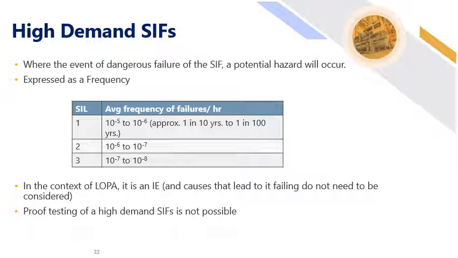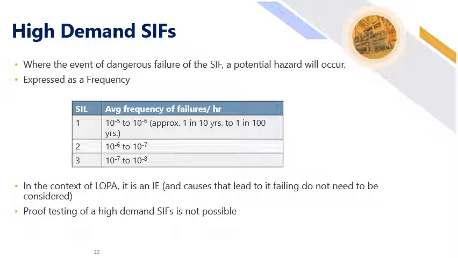So that's either because excursions from the safe operation of the plant are going to happen less than once a year, or we have other controls in place before the SIF is activated. However, there are some scenarios that we might consider that have a higher demand rate than that, so more than once a year. And the third type is to say that they are continuously operating.